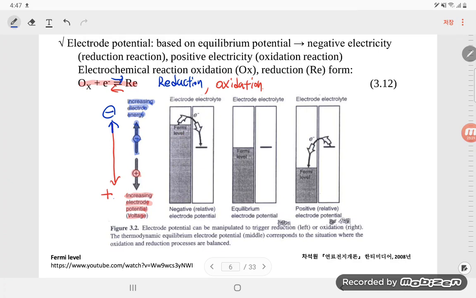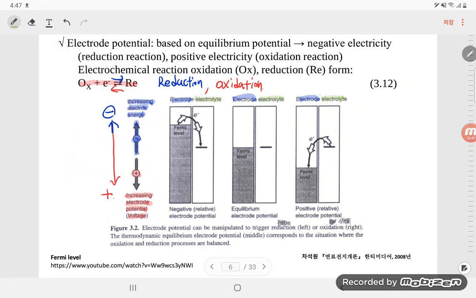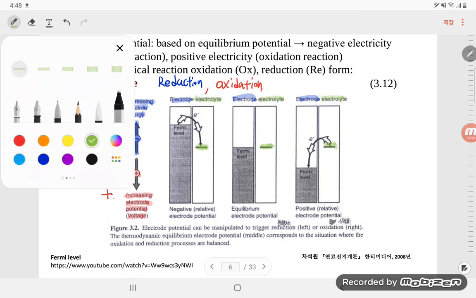This is the electrode, and there is chemical species in the electrolyte. So the potential of the electrons in each side is fixed. If we fix the chemical species, then this is fixed. And how about the electrode potential? It can be moved, right? It can be changed.